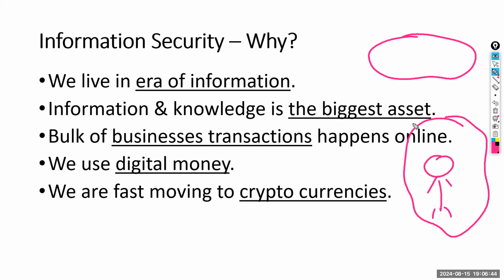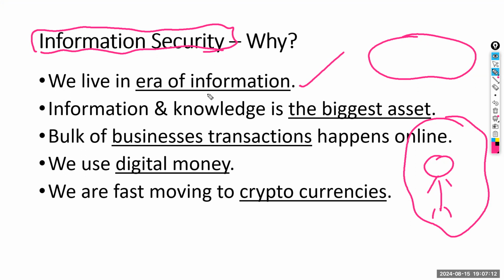Yes, we are interested about our other properties, ourselves, health, money. At the same time, we are interested in information security. So that is more important because we are living in the era of information. The value of information is getting more and more. Right. So we live in the era of information, and therefore information and knowledge is one of our biggest assets.